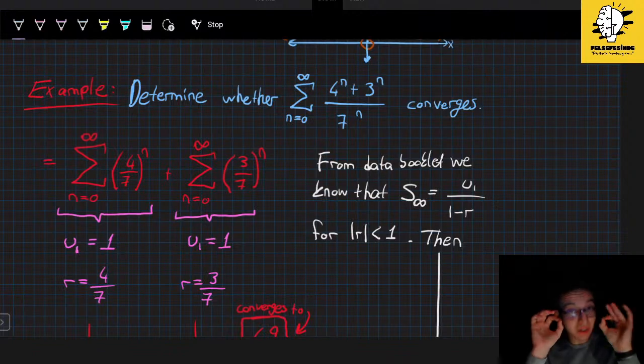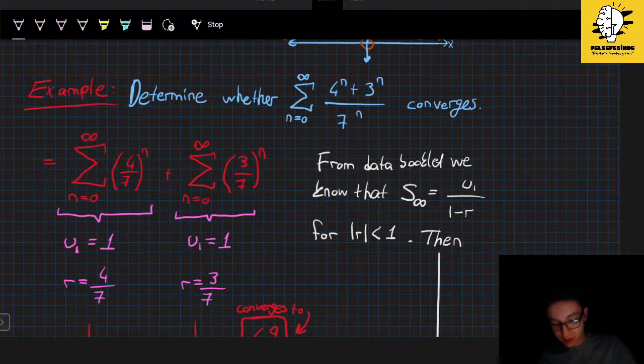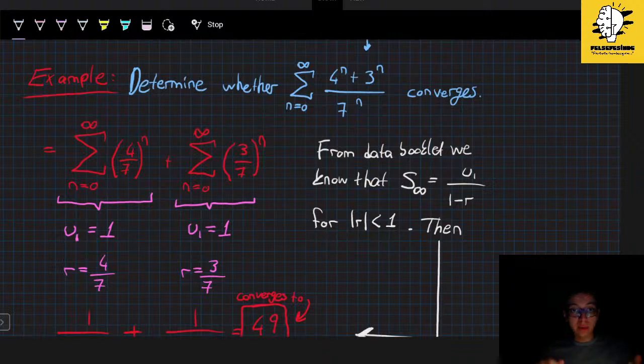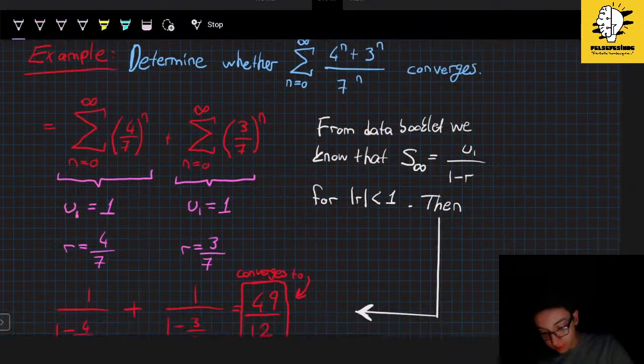We have it directly in the first part of the data booklet. u1, meaning the first term, over 1 minus r, where the geometric ratio coefficient is r, for the absolute value of r being smaller than 1, then we know that this is the formula.